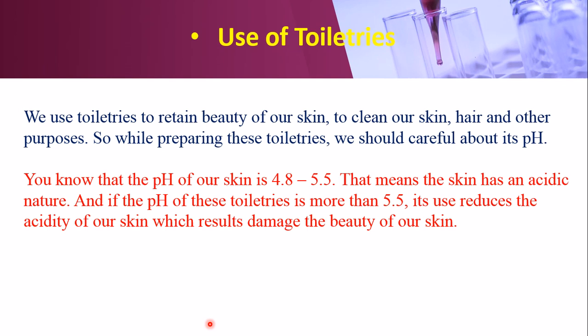That means the skin has an acidic nature. And if the pH of these toiletries is more than 5.5, its use reduces the acidity of our skin, which results in damage to the beauty of our skin. So, while making toiletries, one should be careful about the pH of it.